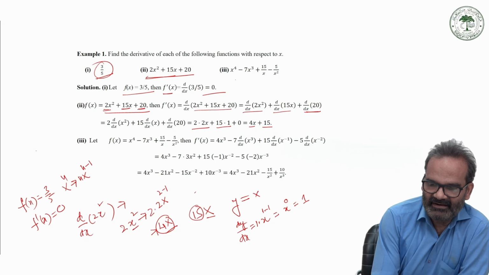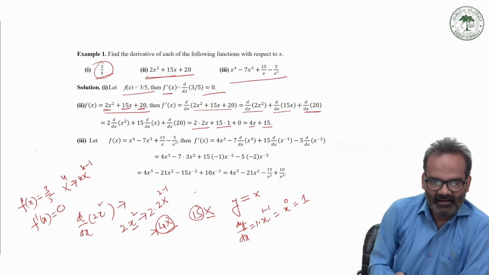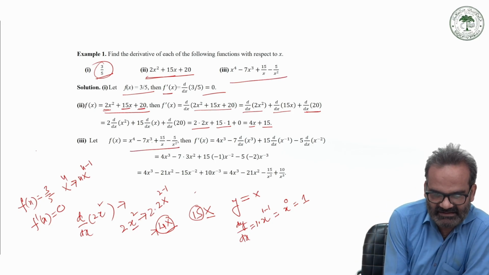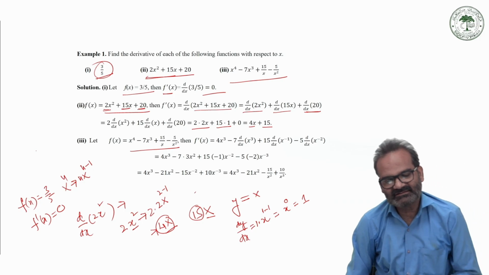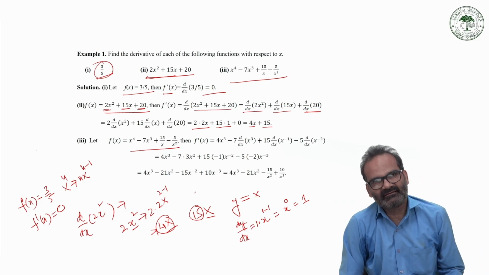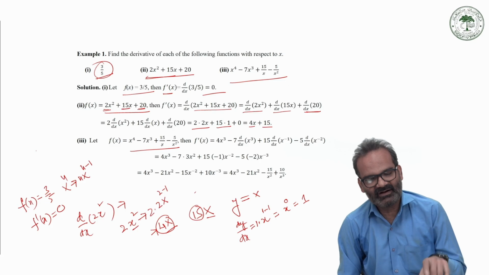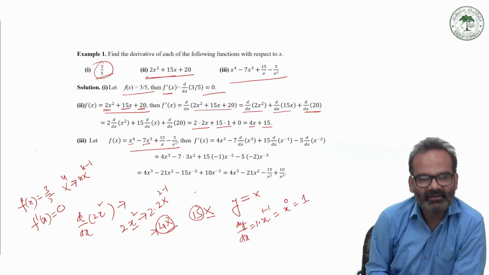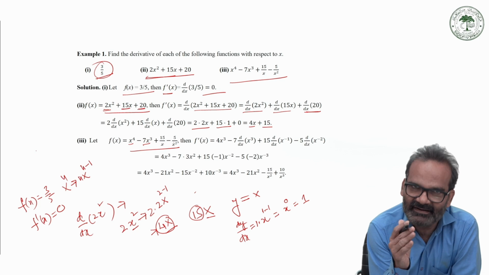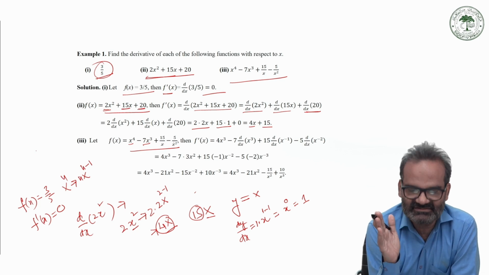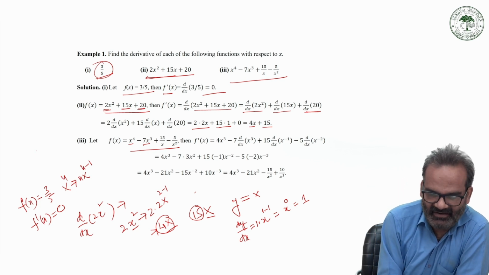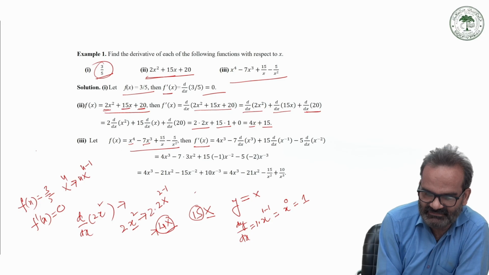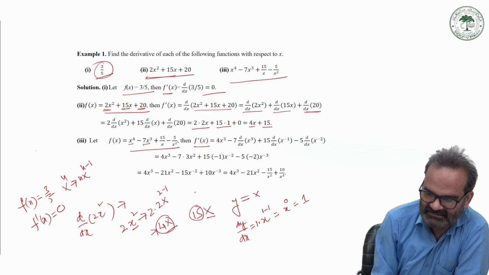Right? Now take this one also. f(x) is equal to x power 4 minus 7x cube plus 15 upon x minus 5 upon x square, right? This is 4 functions. This is first, this is second, this is third, this is fourth. Now find its derivative by taking the derivative of all the 4 functions, right? If f(x) is this, then f dash x is what? x power 4.